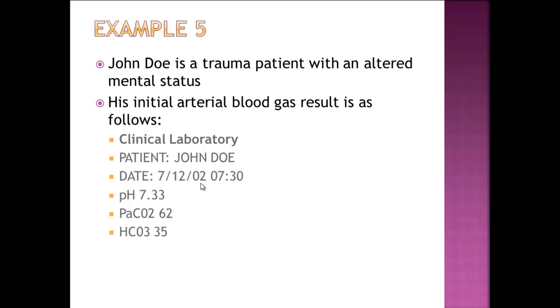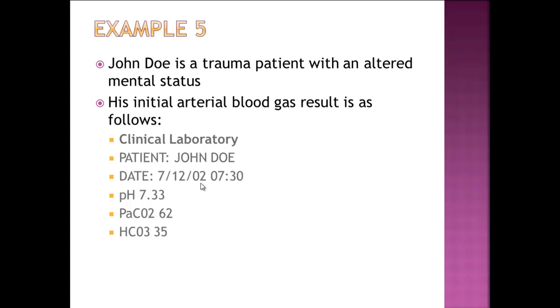Looking at example 5, we've got John Doe, pH 7.33, PaCO2 62, HCO3 65. pH is low, arrow down. PaCO2 is high, arrow up. So since they're moving in the opposite direction, this seems to be an acidosis condition that has respiratory involvement. So it's a respiratory acidosis.